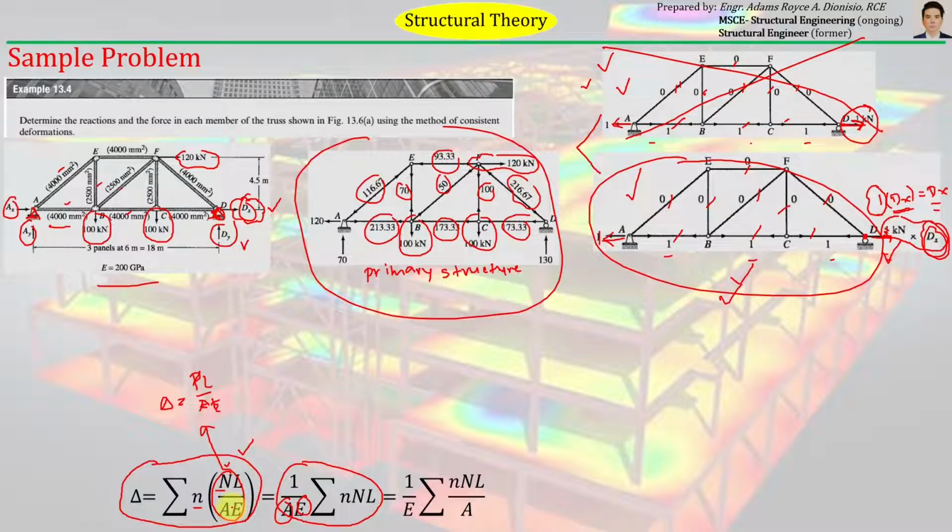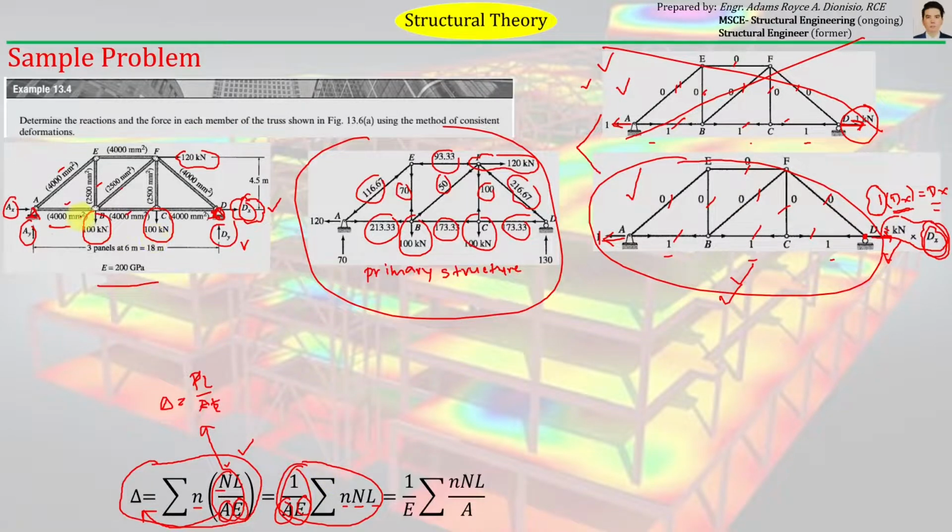Since if the cross-sectional area and the modulus of elasticity are the same, we can already move them outside the summation formula like this one, and just compute the product of small n, capital N, and L on each member, then add them up, and then just multiply the sum by 1 over AE. So that will actually reduce the effort of computing the deflection as well.